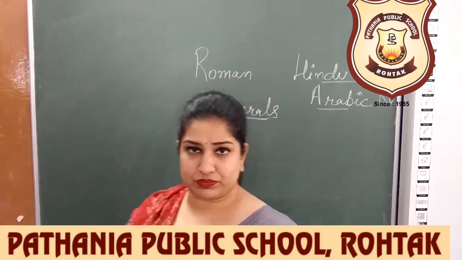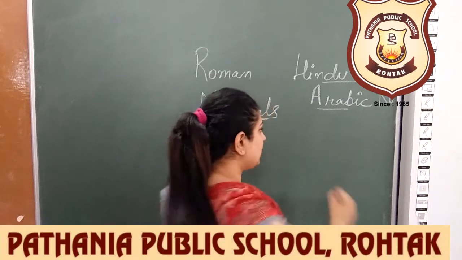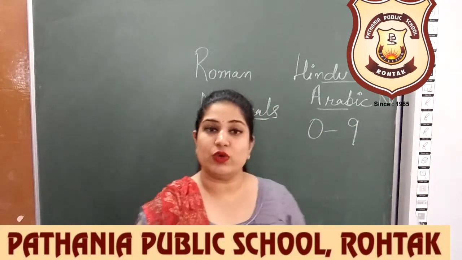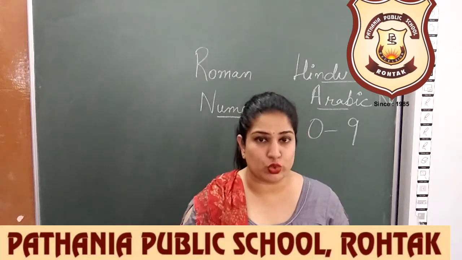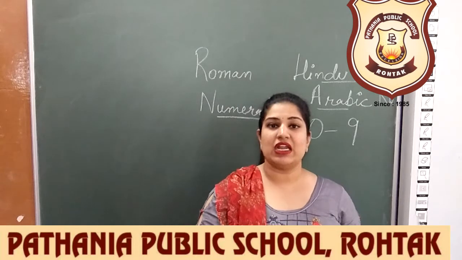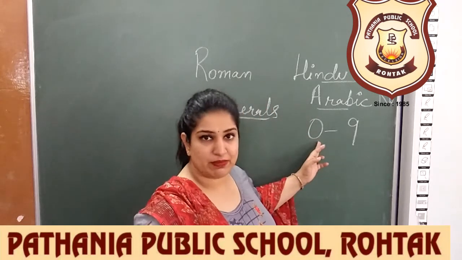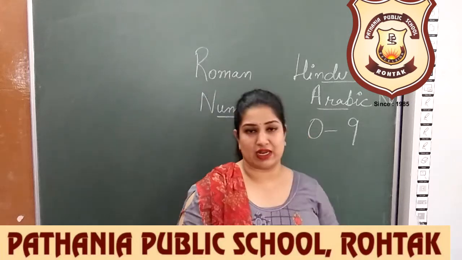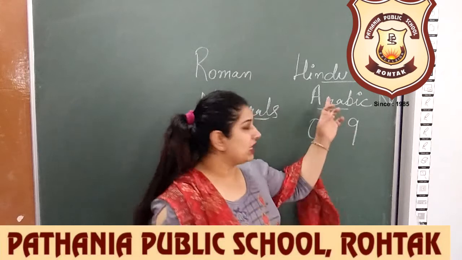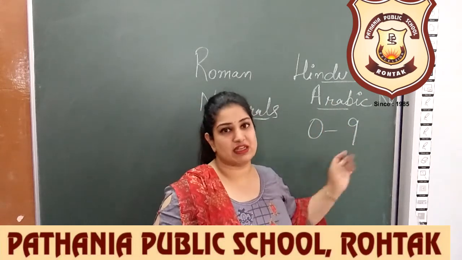Now see, we are using digits 0 to 9. This is also called symbols. In Hindu-Arabic, we are using 10 symbols, that is 0 to 9. To form any number in Hindu-Arabic, we are using these 10 symbols.